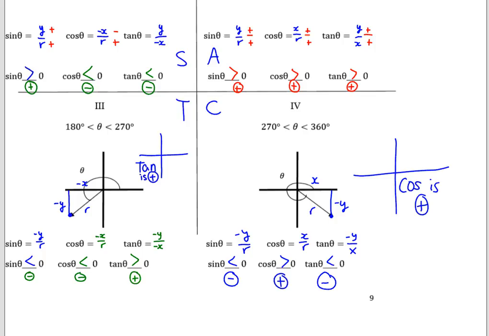So we're going to use this thing called CAST, C-A-S-T, to help us figure out, if we're given a ratio, the angle has 2 possibilities, depending on if it's positive or negative. There are 2 solutions that'll give that exact same ratio. And we're going to look at some examples like that.